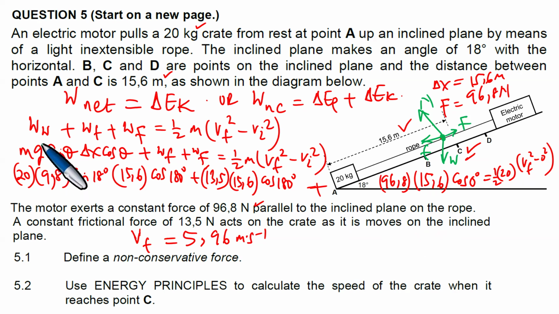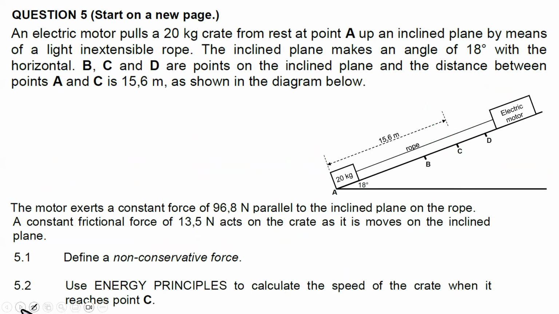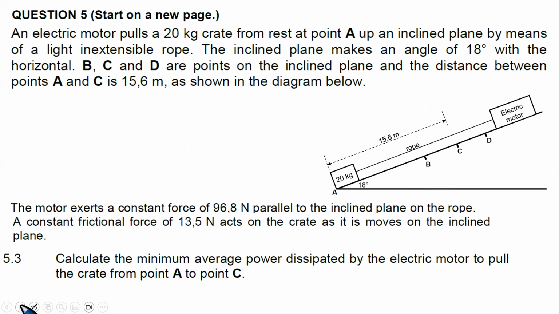And that is why here you have the work done by the weight, then the work done by friction, and the work done by the applied force. Okay, so these are the things that have been catered for, and therefore the answer is exactly that one. Just to get the third point: the motor exerts a constant force of that instead of that.